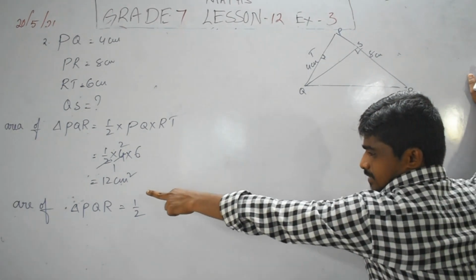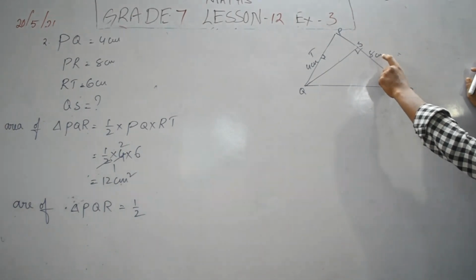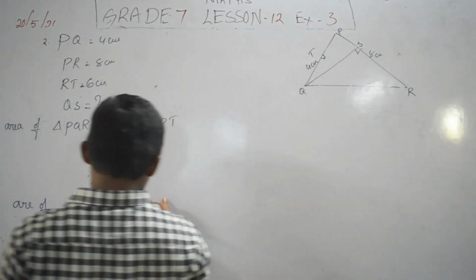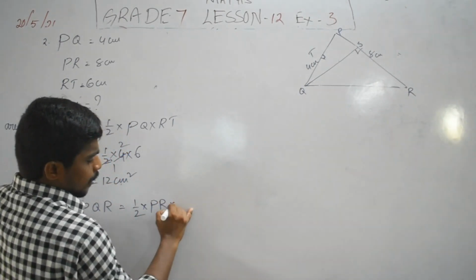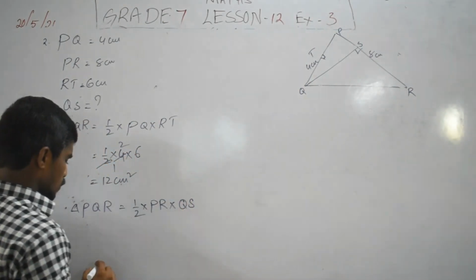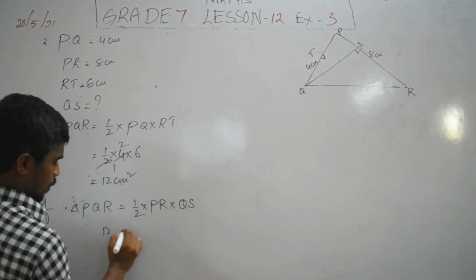Already 12 centimeter square we found out. But here base we know, height how much? So here base is PR, height is QS. So area of the triangle is 12 centimeters square.